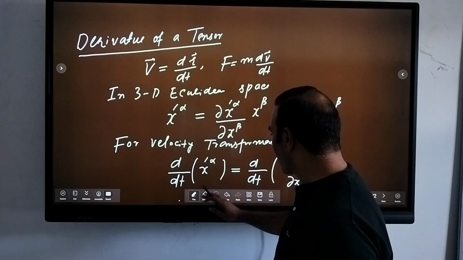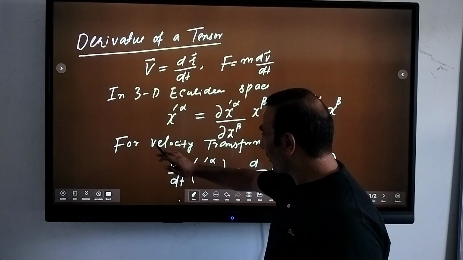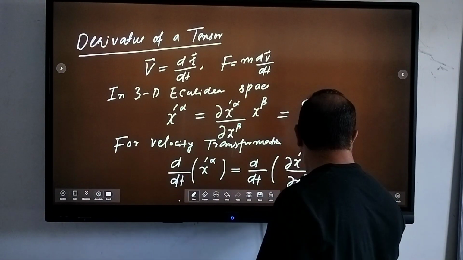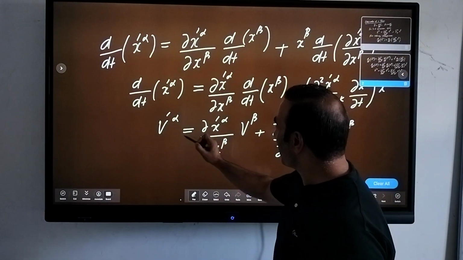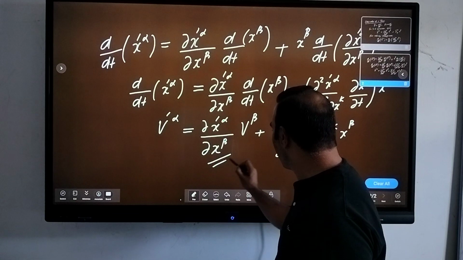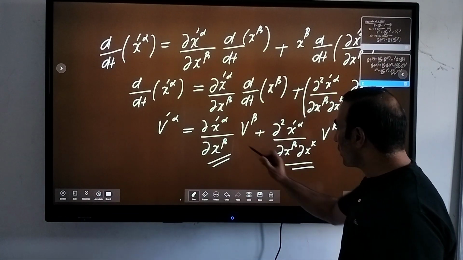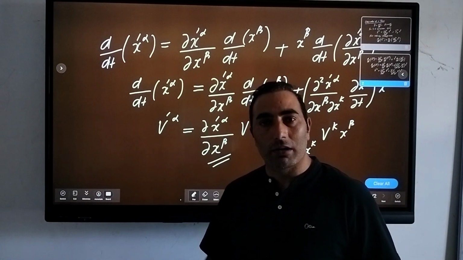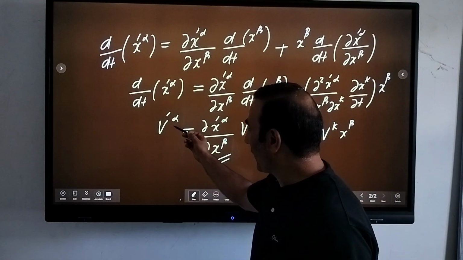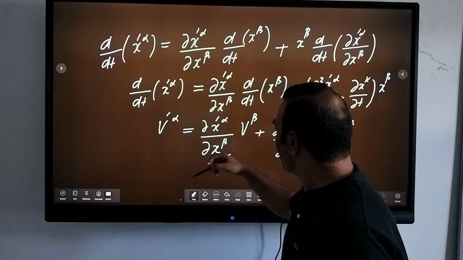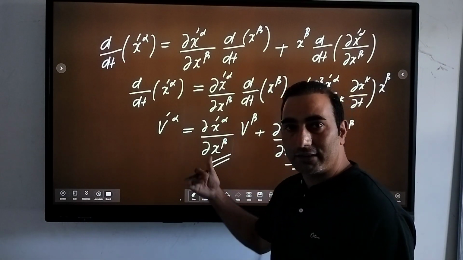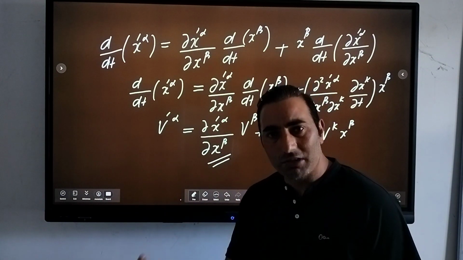So by this transformation rule, when we are talking about this velocity transformation, we are getting two terms. The first term is this one, and this is our second term. तो जो हमारी first term है, if we have this tensor of rank 1, the first term has the same rank, but we are getting a new tensor.